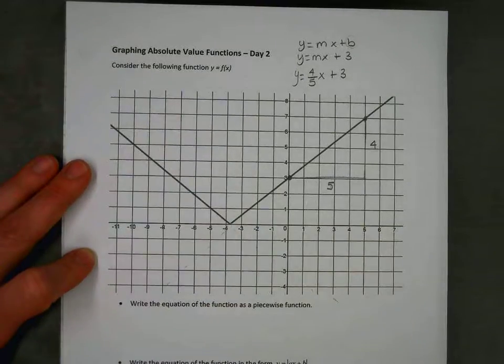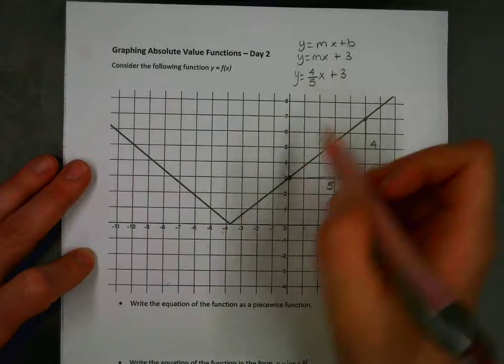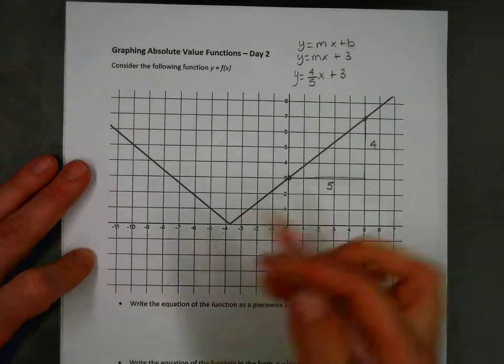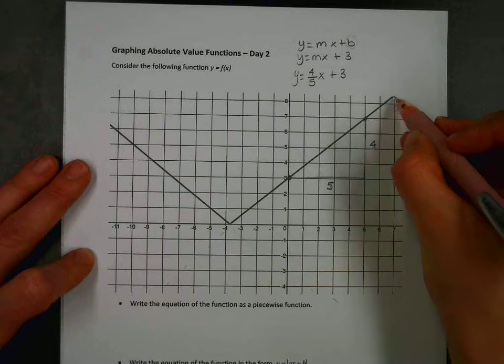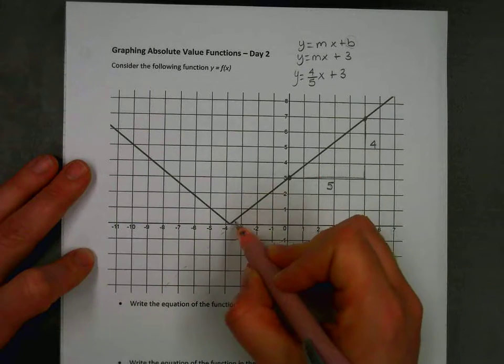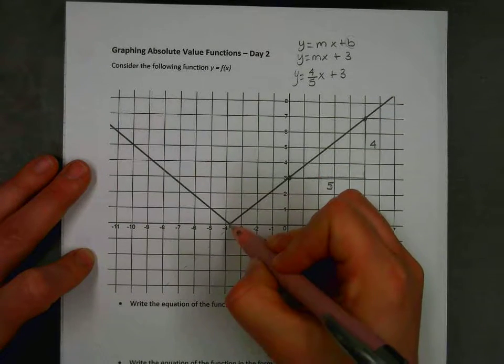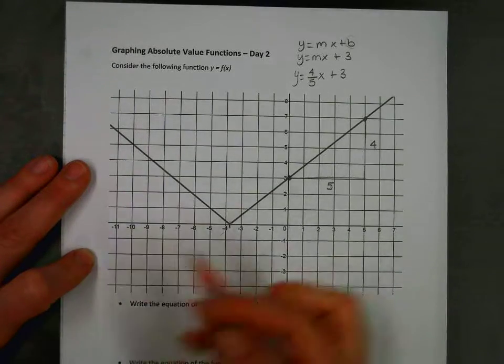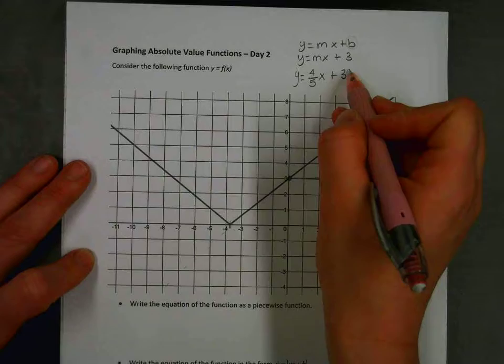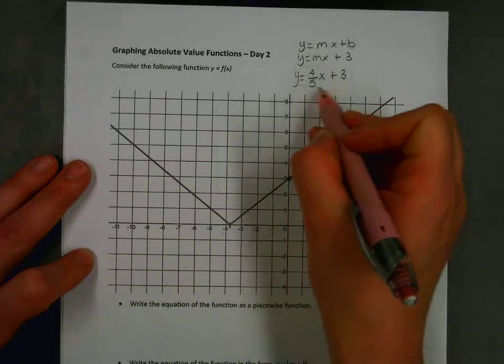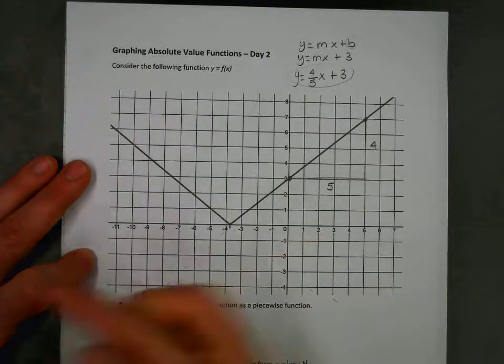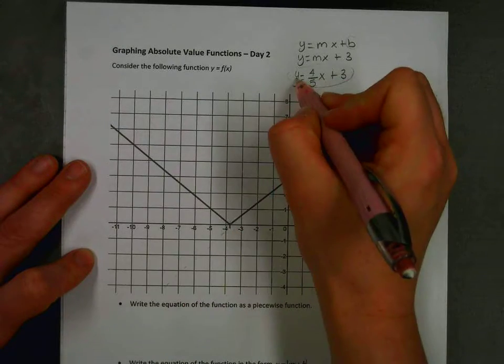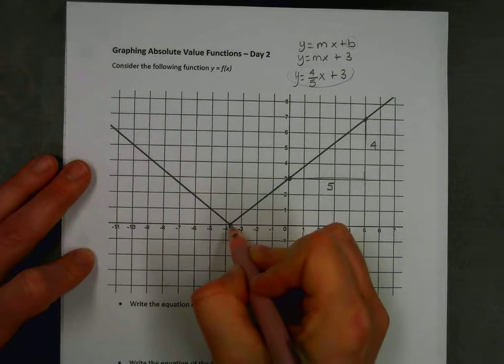Now, when I write this as a piecewise function, I only want to write this line starting from this x-intercept. So the next thing I need to figure out is the x-intercept of this line. Well, what do I know about my x-intercept? I know my y value of this point has to be 0.